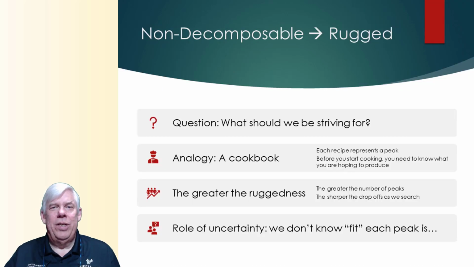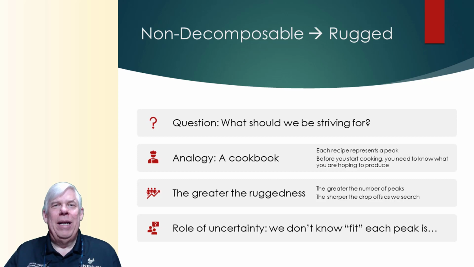Just to review what I just said, when we're talking about extrinsic complexity, what we're really asking is the question, what should we be striving for? And the term that I've been using is fitness.